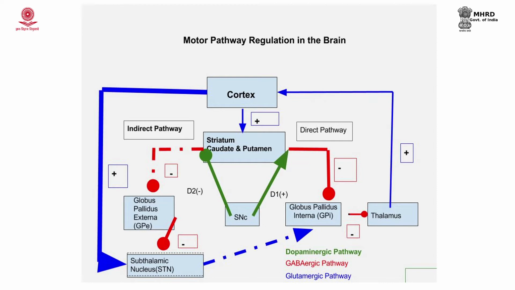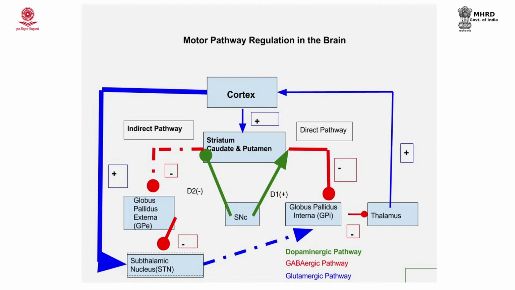The direct pathway starts from the cortex. There is an input on the striatum, which is made up of caudate and putamen. The caudate and putamen communicate with the globus pallidus interna, and this in turn participates with the thalamus, which gives excitatory electrical activity to the cortex.